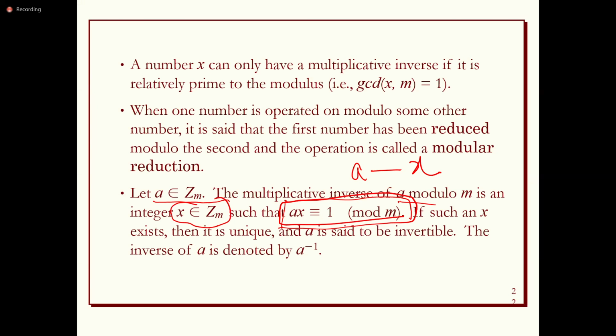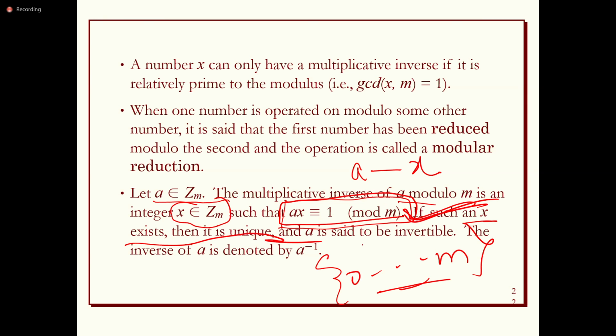So we have to find the x which satisfies that. If there is no x between 0 and m which satisfies this condition, then there is no multiplicative inverse. If such an x exists, then only A is said to be invertible. Otherwise, there is no multiplicative inverse.